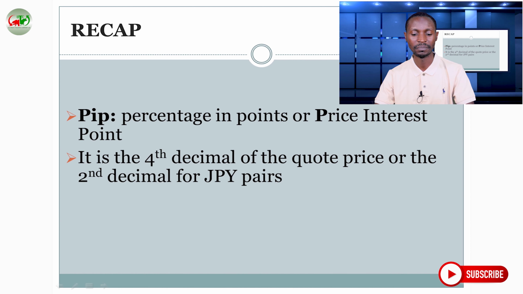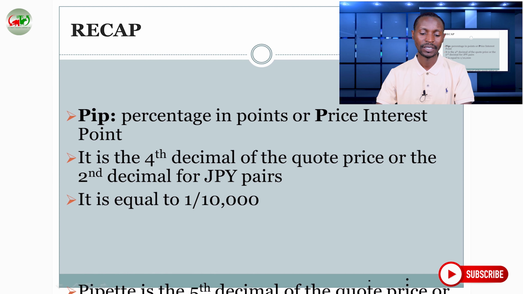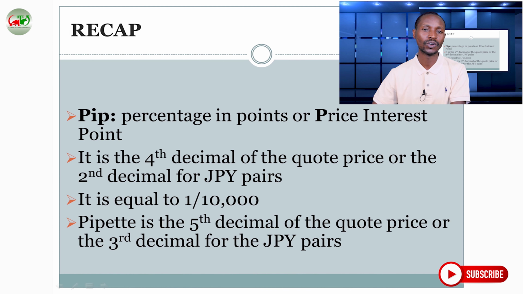We have seen that a PIP is equal to 1 of 10,000, which is equivalent to 0.0001. We have learned also about the pipette.